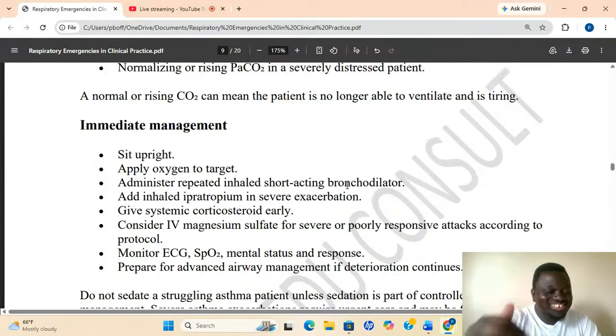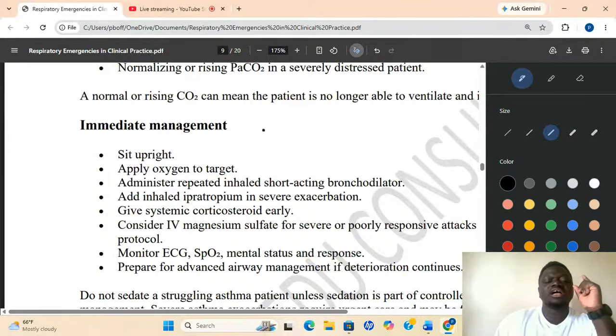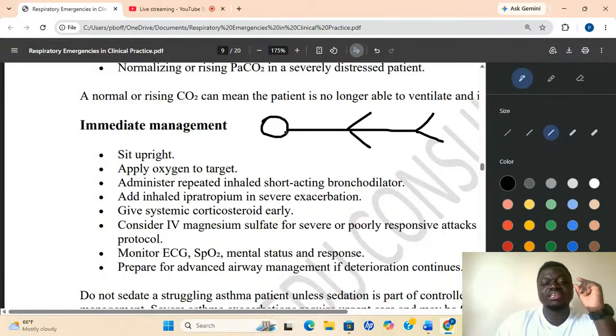Yes, positioning is the most important thing. Why am I saying that? Assuming you meet a patient lying down in a supine position on the bed and complaining, I can't breathe, I can't breathe.